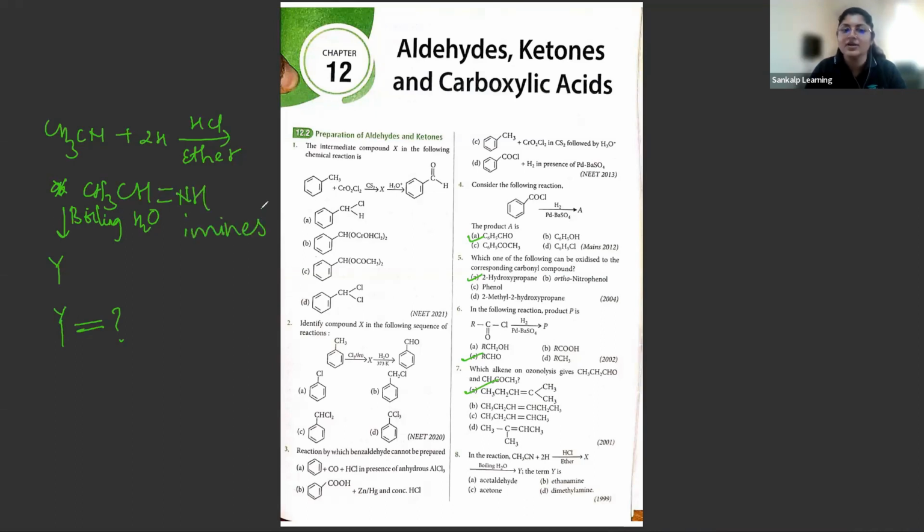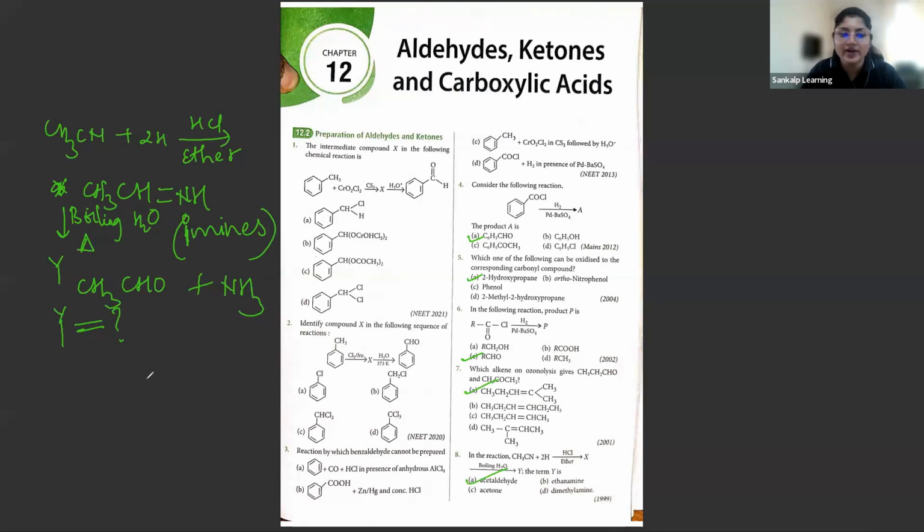Imine is formed. So your nitriles are converted into imines. This imine is further treated with water, heating it with boiling water. This is converted into CH3CHO plus NH3. So what is the answer? It is acetaldehyde, so option number A.